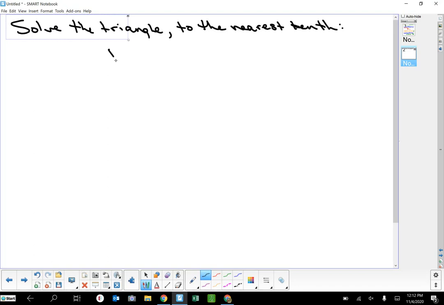This is one of the examples in there. And the triangle looks like this. And they give you A, B, and C and tell you that A is 98 degrees, C is 43 degrees, and the side, so little b, is 22.